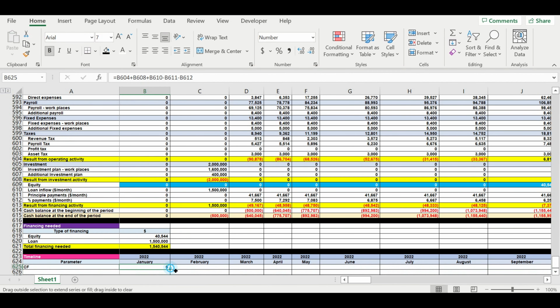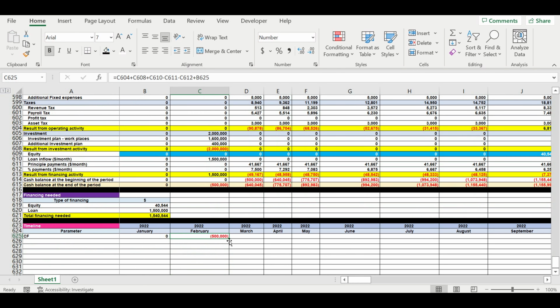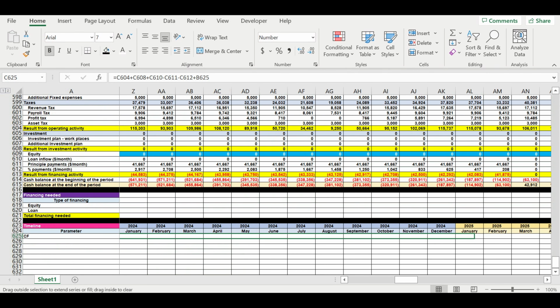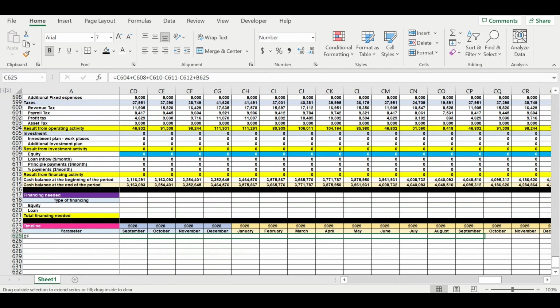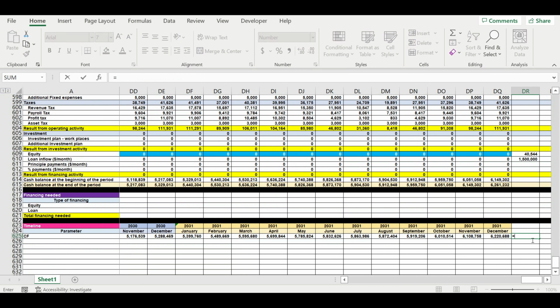Then I will extrapolate this formula to the right. Then I will add the previous value, making this formula cumulative. Then I will extrapolate this formula to the right, and then I will search for minimal value inside this line.